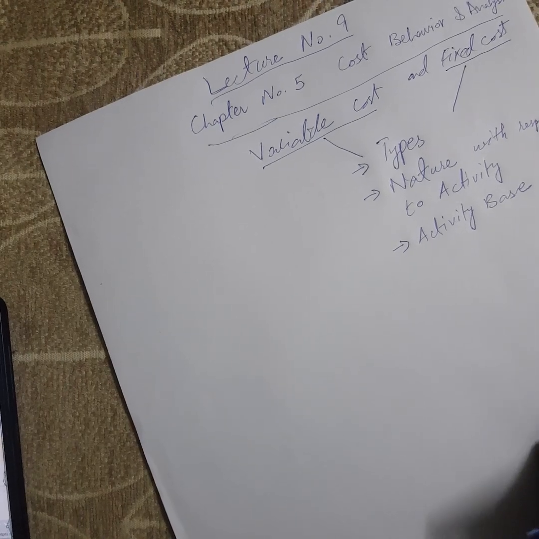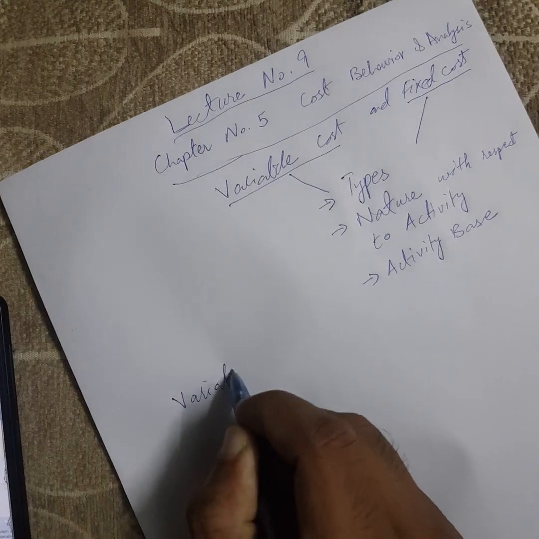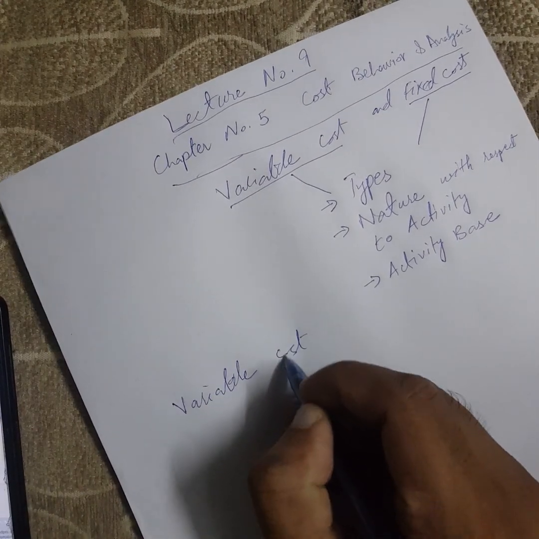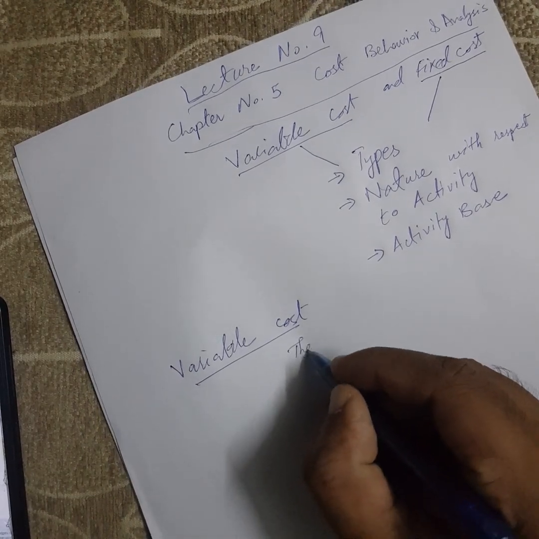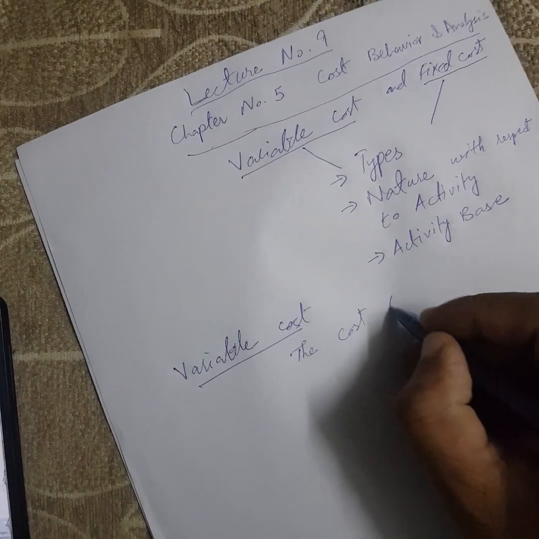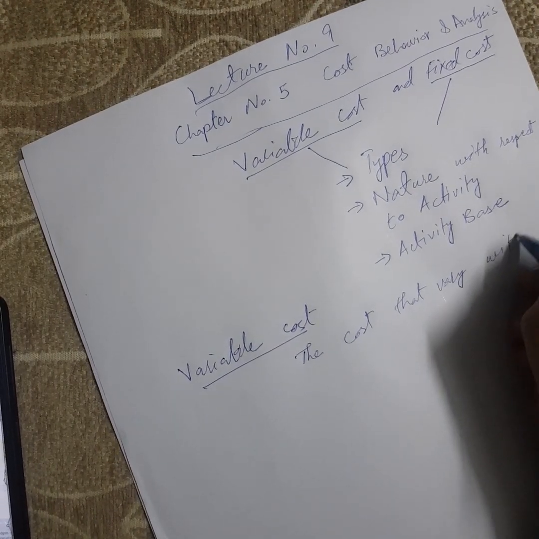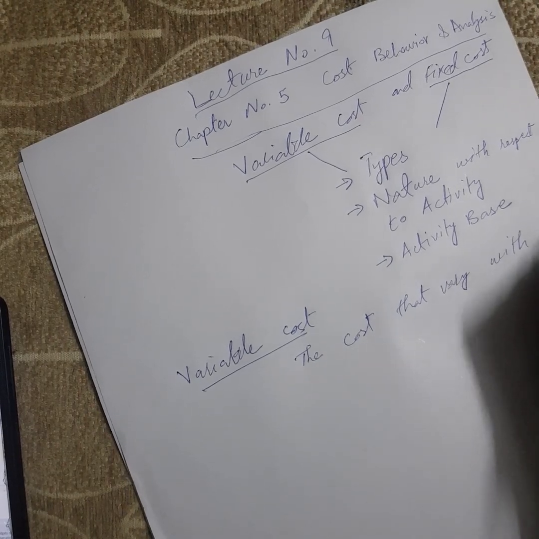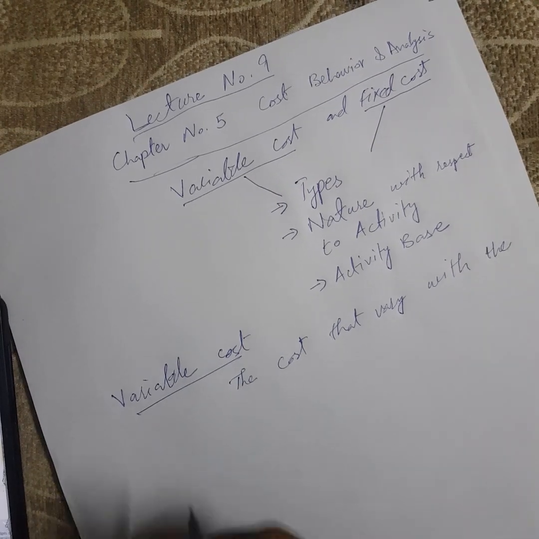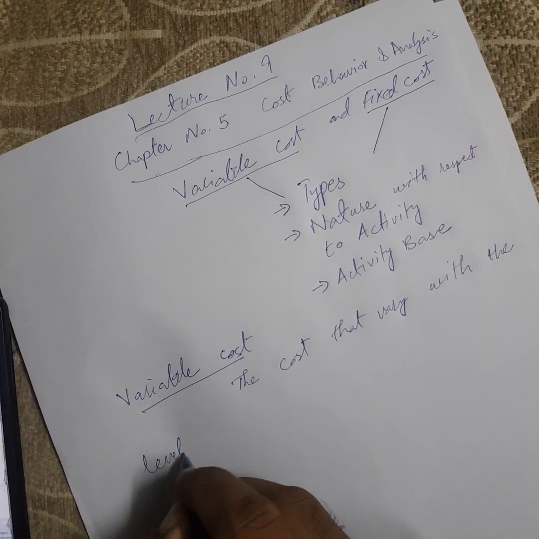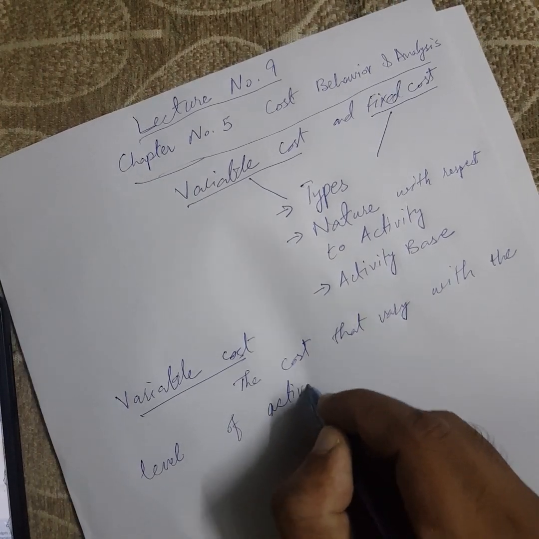So first we will discuss variable cost. We can define variable cost as the cost that varies with the level of production, or we can say level of activity.